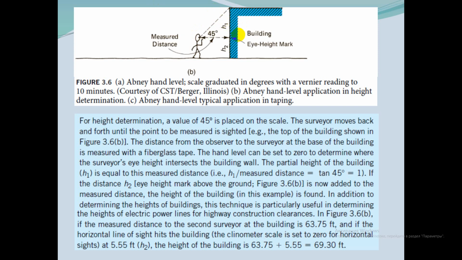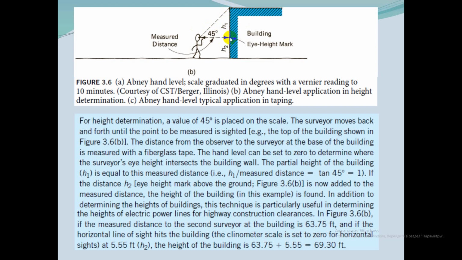The partial height of the building, h first, is equal to this measured distance, because h first divided by measured distance equals tangent of 45 degrees, which equals 1.